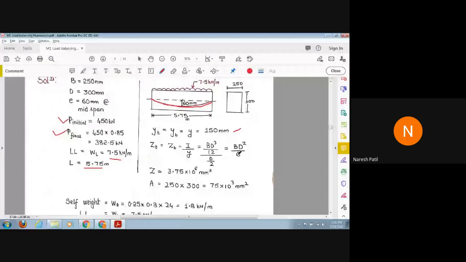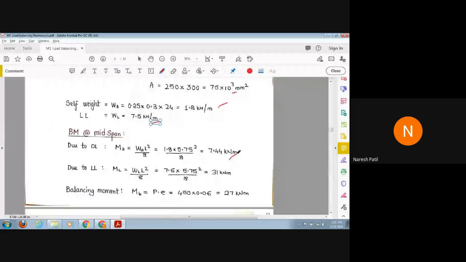Then calculate other properties: y, z, then area. Then calculate dead load, live load is given. Calculate moment due to dead load, moment due to live load. Then the balancing moment P into E. Now what do you have to do? Case 1.